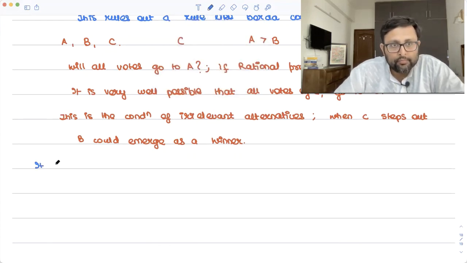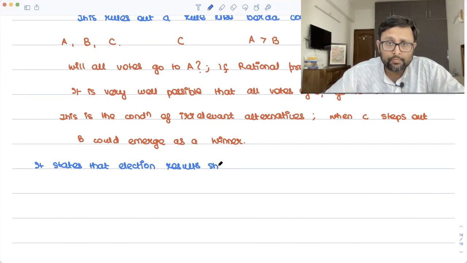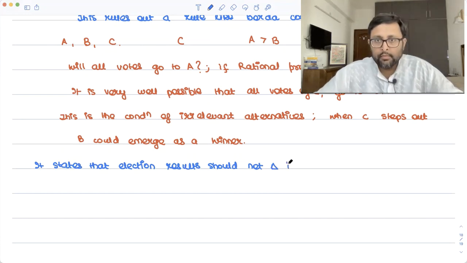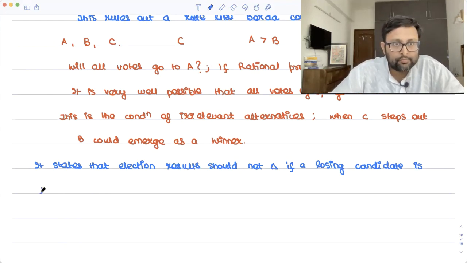It states that election results should not change if a losing candidate is left out, right?